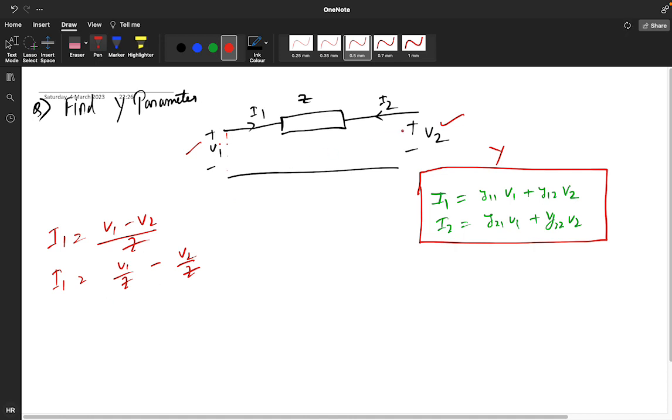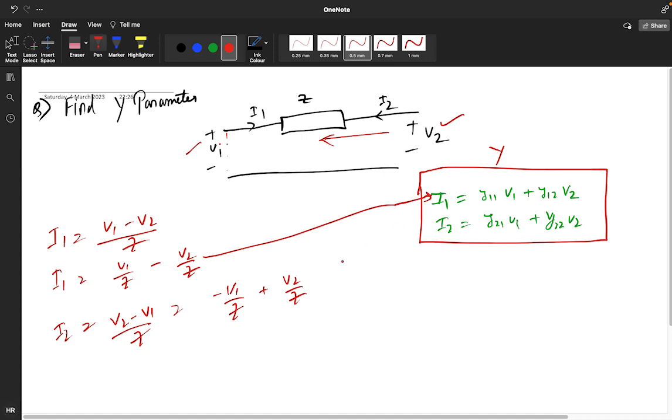Now you want to find the value of I2. I2 will be V2 minus V1 by Z. If you are seeing from this side, first this voltage will come and subtract from this voltage, so you get V2 minus V1. So the equation is I2 equals minus V1 by Z plus V2 by Z. Compare this with the general equations. What y parameter are you getting?